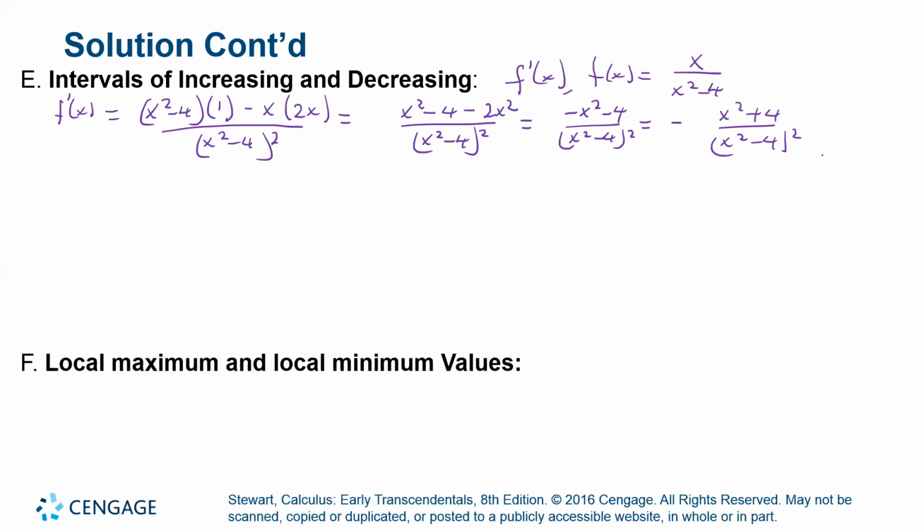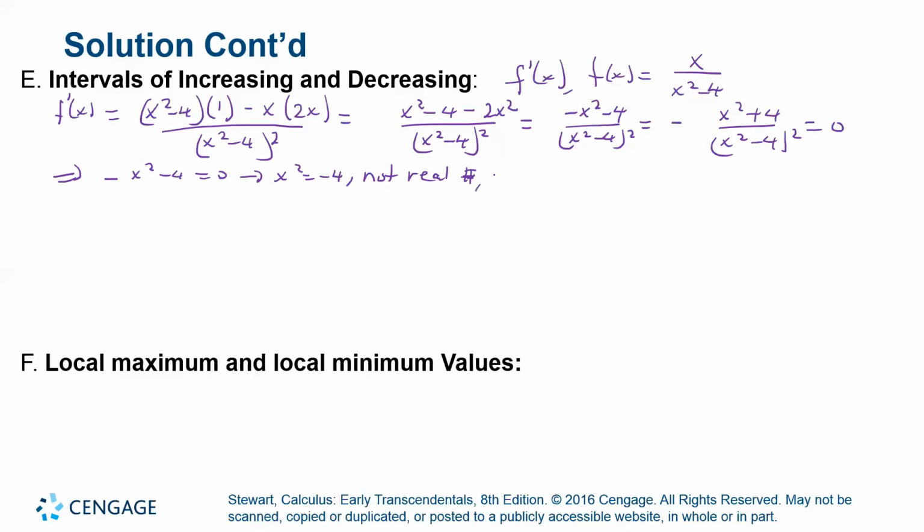Now, if you set this to 0, you only have the numerator, minus x squared minus 4 equal to 0. When you solve for x, we are going to have x squared equal to minus 4, which is not real. It's going to be an imaginary number. Therefore, you will say that it has no critical value.